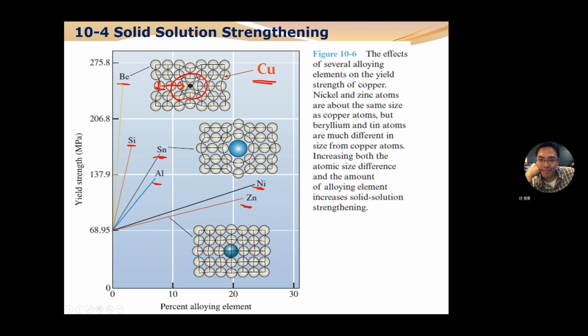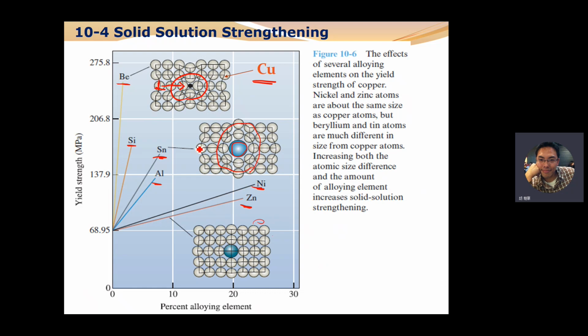tin alloy element. This atom's atomic radius is much larger than that of copper, and the lattice will be distorted in this region.